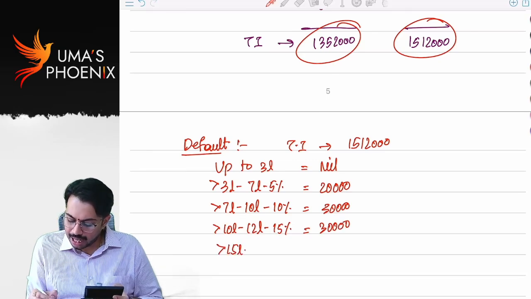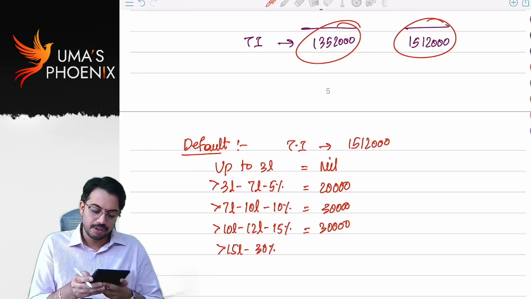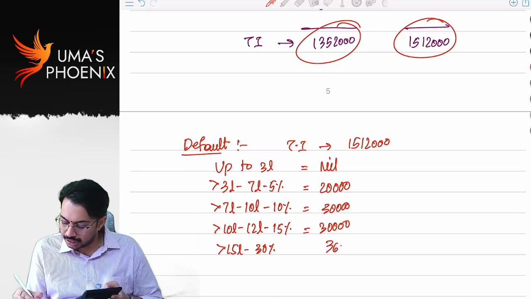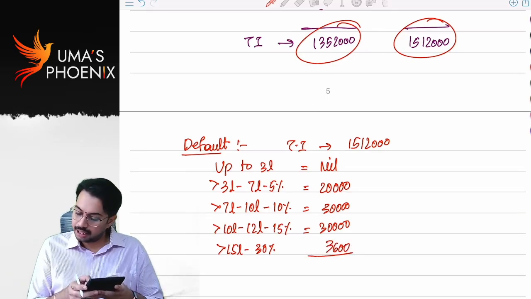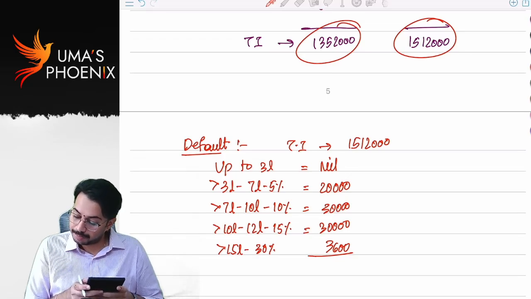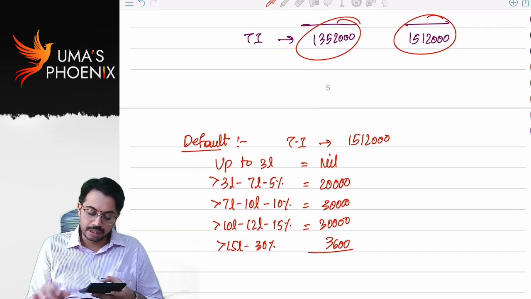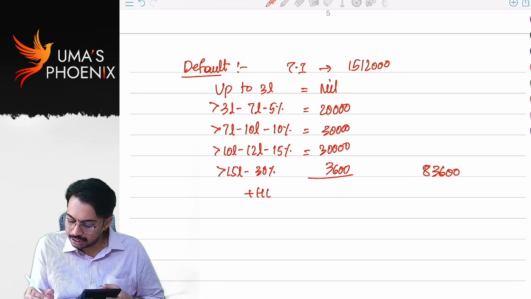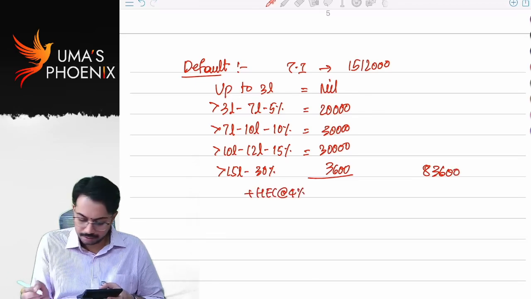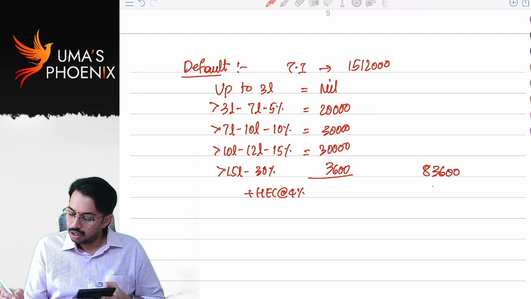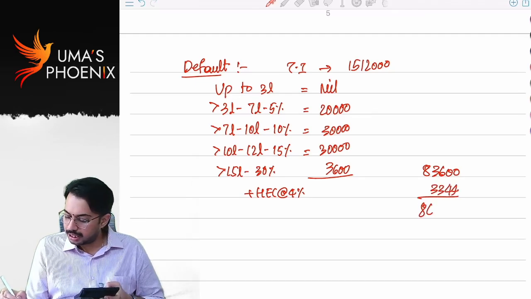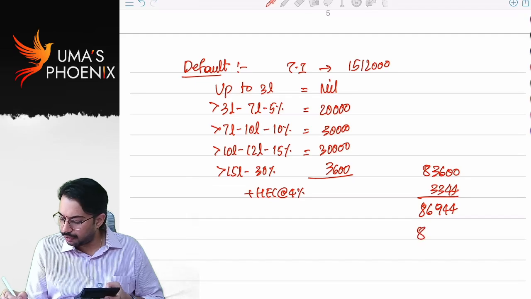Above 15 lakh tax rate is 30%. So that means 12,000 into 30%, 3,600. How much is tax? 3,000 plus 600 plus 80,000, 83,600. To this you need to add HEC at the rate of 4%. 3,344. 86,944 rounded off to 86,900.